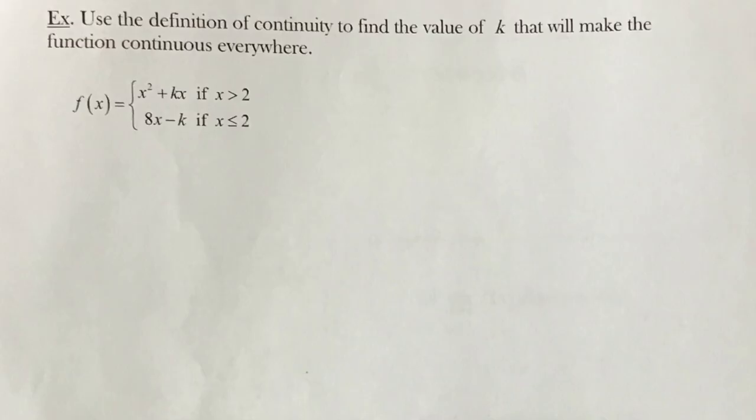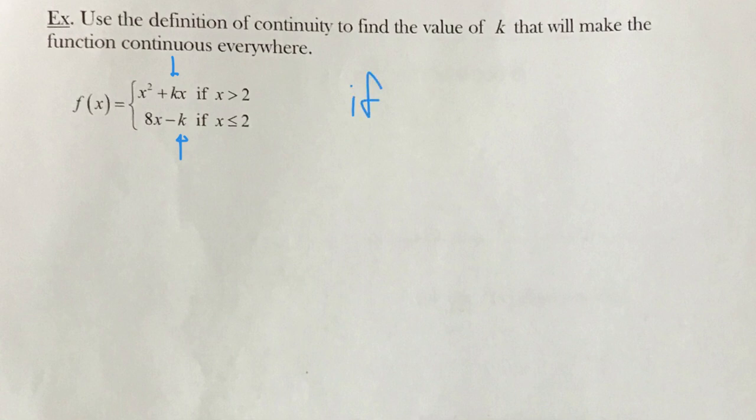Okay, so then this is the third way that we're going to be tested about continuity. So let's see, what they want to know is what value of k, and there's 2 k's. There's a k in our top equation and there's a k in our bottom equation. Okay, so what do we need to do?